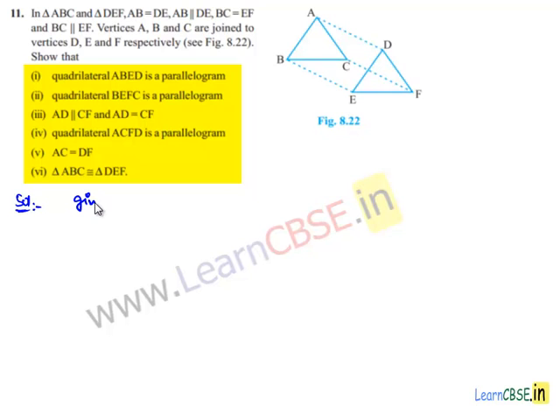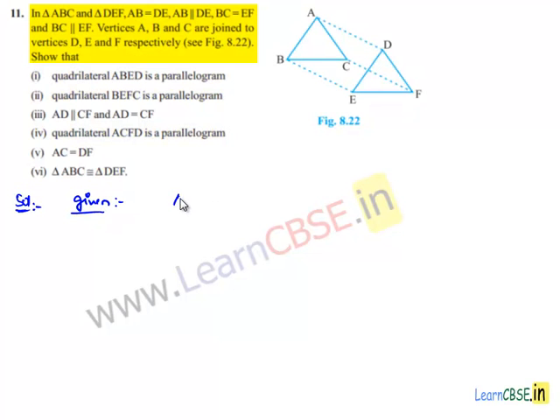He has given that AB is equal to DE as well as AB is parallel to DE, and BC is parallel to EF, and he has also given that BC is equal to EF.